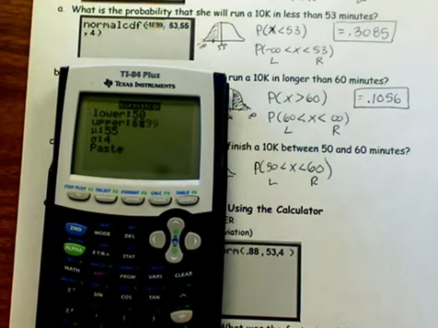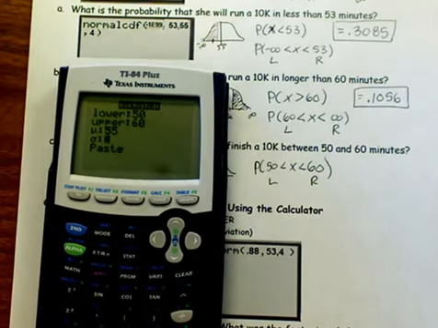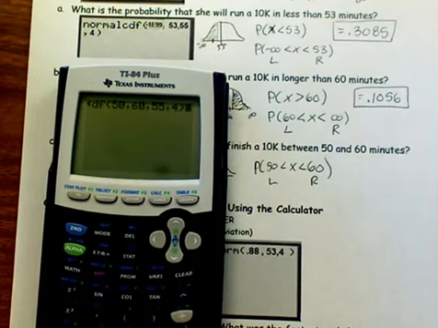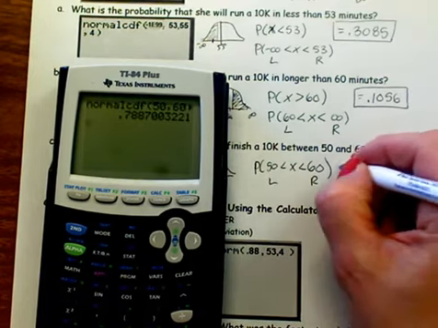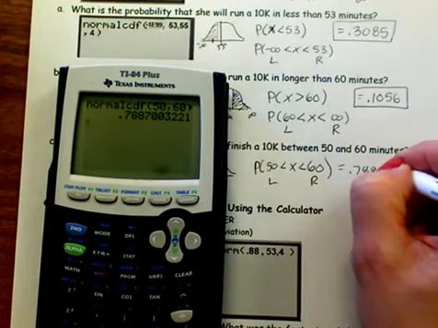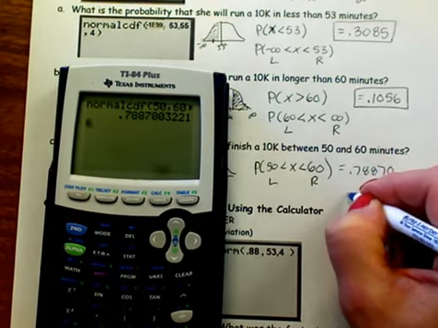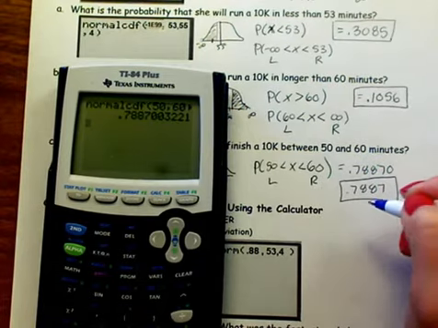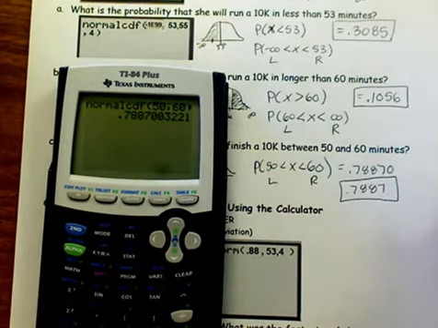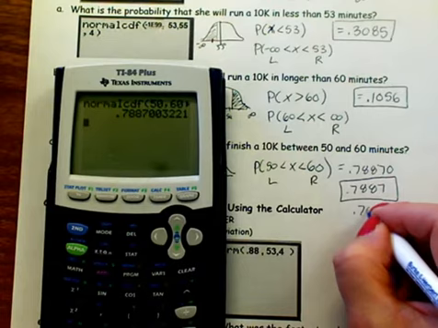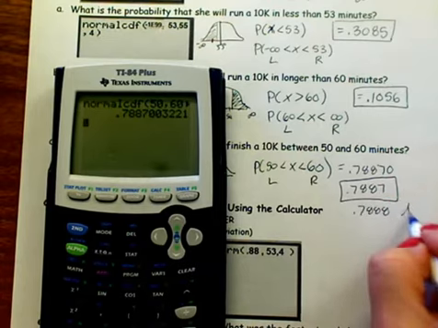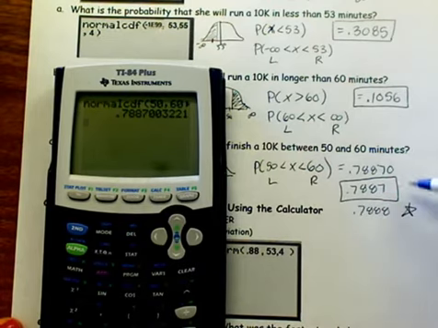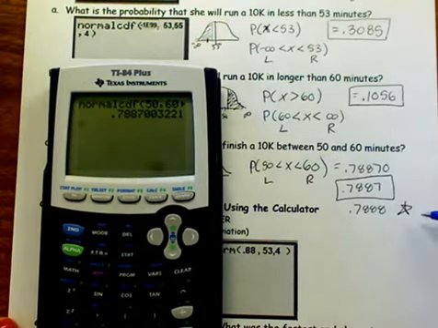Left, right, mean, standard deviation. 0.7887. Now this one looks off in that last digit because on the previous page we got 0.7888. Both answers will be accepted on the test or the quiz or a multiple choice exam.